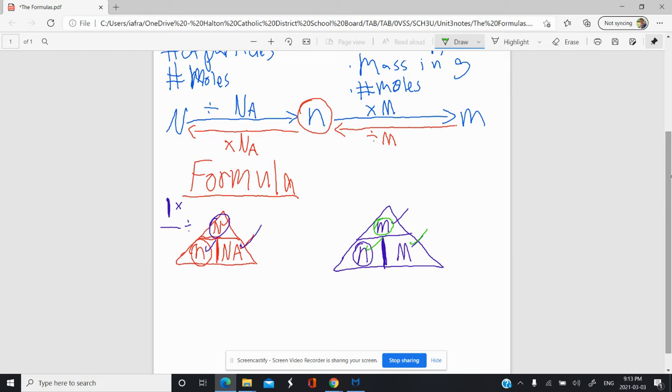Lastly, just a recap, let's say you want to find the number of atoms from a molecule or other compound.